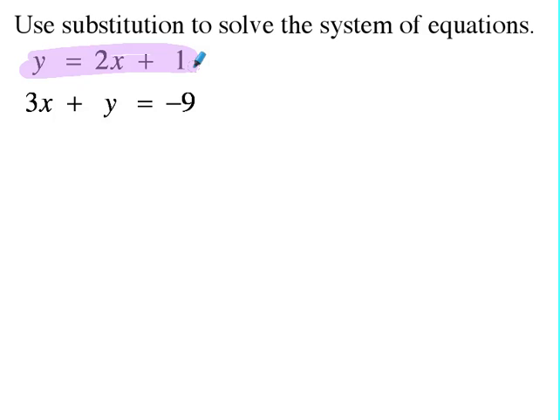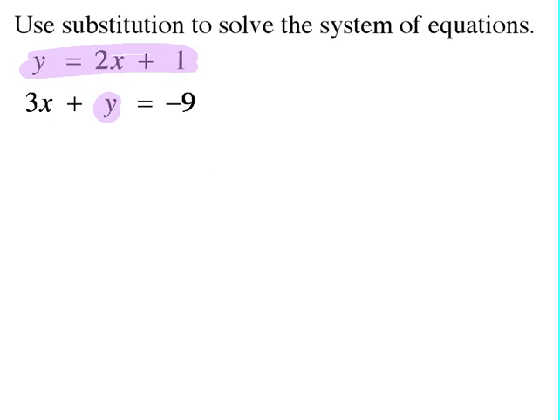That's step 1. We want one of the equations to be solved for one variable. It doesn't always have to be y. It could be x as well. Now what I'm going to do is take that value and replace y in the second equation with 2x plus 1.